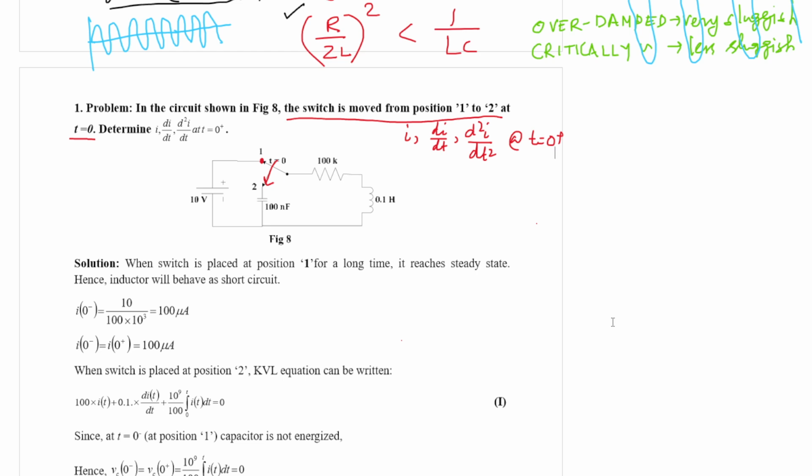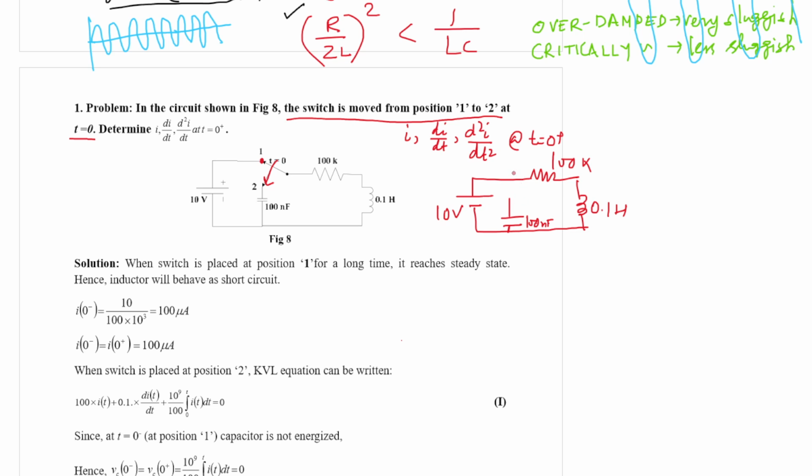So let us try to analyze this circuit. When the switch is placed at position 1, the circuit roughly looks like this. It is simply a 10 volt source, 100k resistance, 0.1 Henry inductance, and this capacitance, which is equal to 100 nano farad, is kept isolated from this circuit.